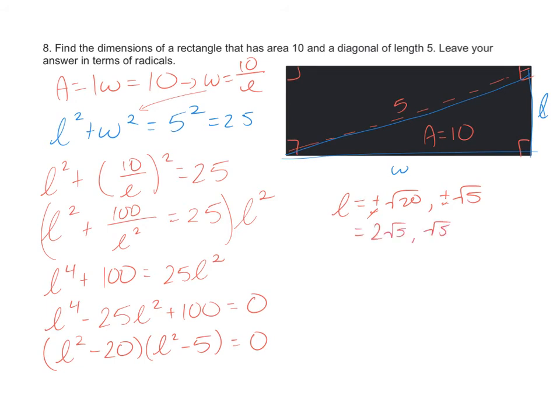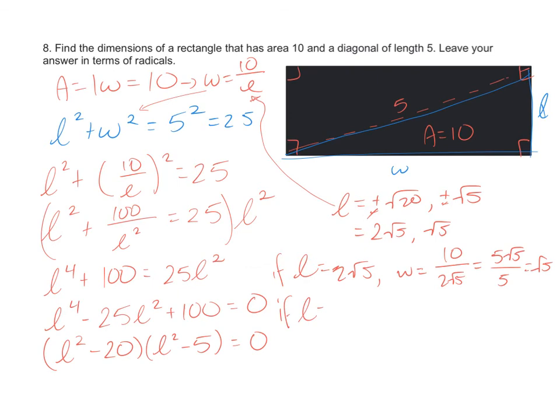And I'm going to plug that into my first equation up here that I solved for W. So if L is equal to 2 square root 5, then W has to be equal to 10 over 2 root 5, which when we rationalize, right, to get rid of the radical in the denominator, we end up with 5 root 5 over 5, which is equal to root 5.